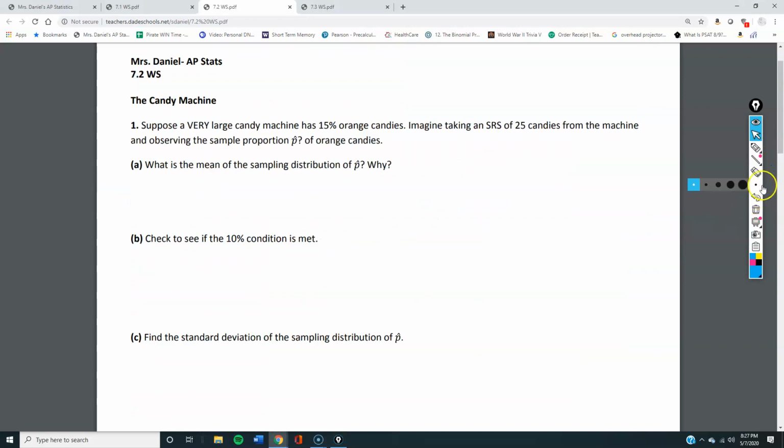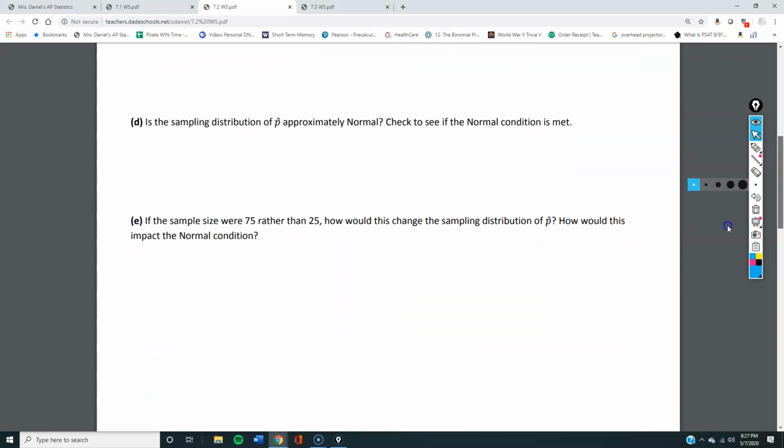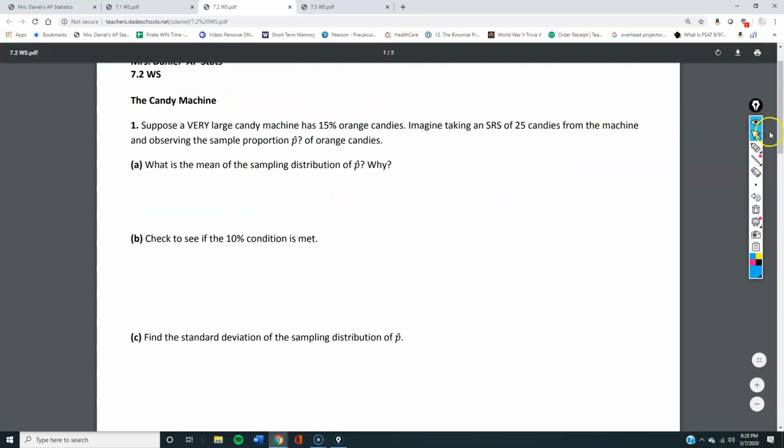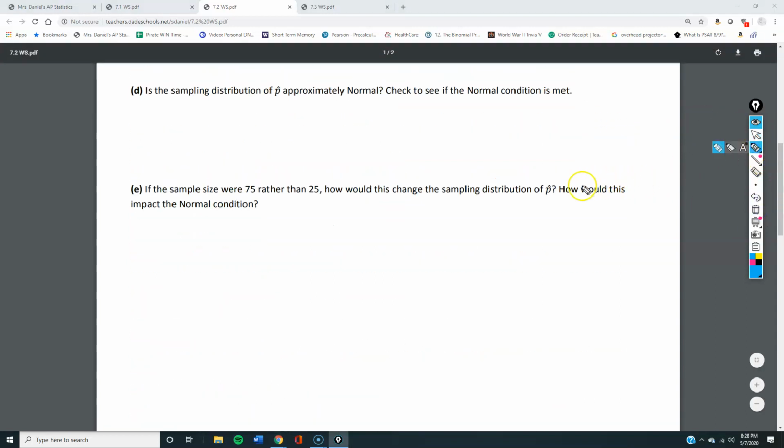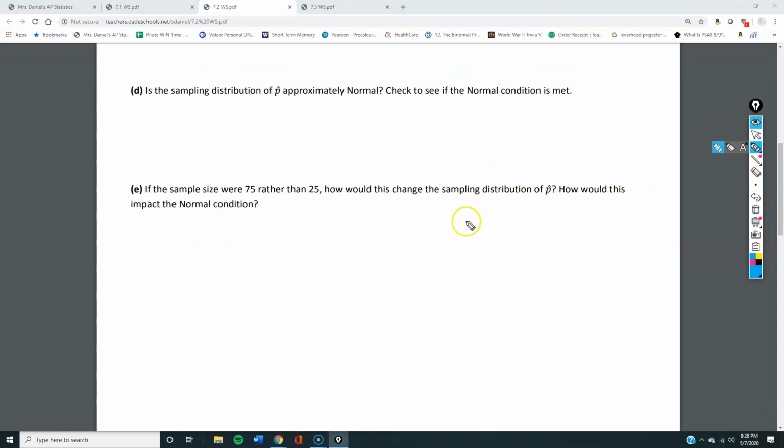Now, is the sampling proportion normal? Are any of us really that normal? Come on, candy machine, let's figure it out. Well, to check normal, because it's a proportion, we are going to use the law of large counts, which means my n times p and my n times 1 minus p should both be bigger than or equal to 10.